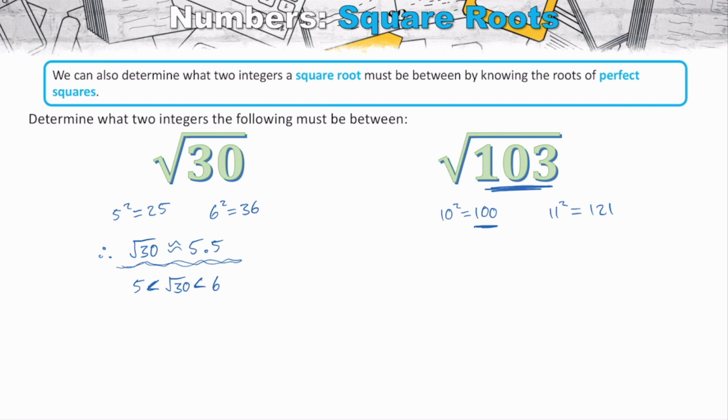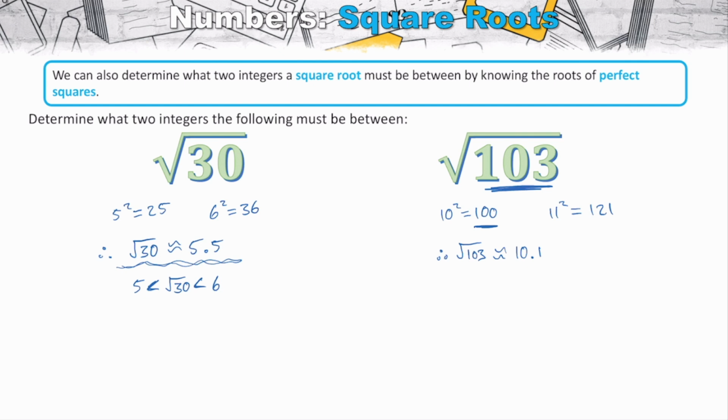So our answer is going to be much closer to 10 than it is to 11. So it might be 10.1, 10.2 if we're giving some kind of estimate to it. But we can estimate that the square root of 103 will be approximately 10, you might just say 10.1, something like that, just to indicate that it is a little bit greater. If I went to the nearest whole number, I'd say it's approximately 10.